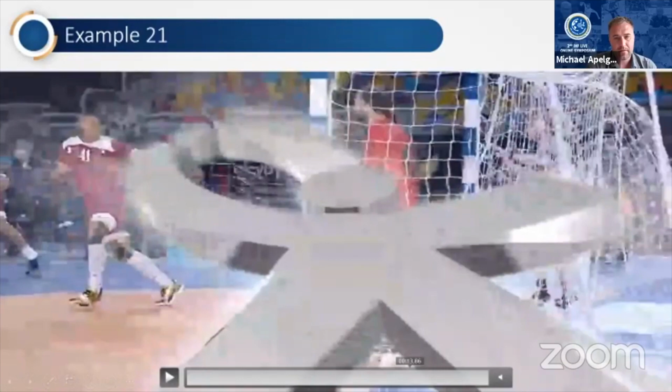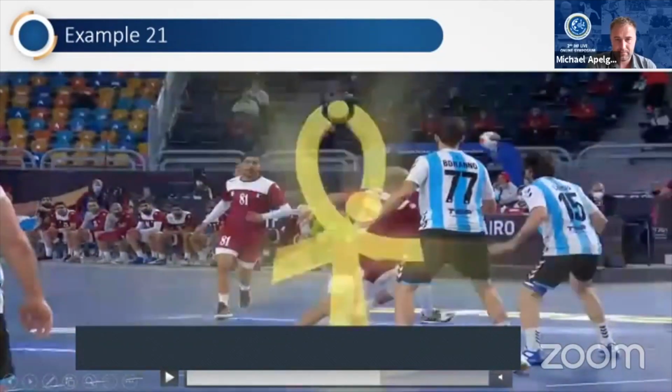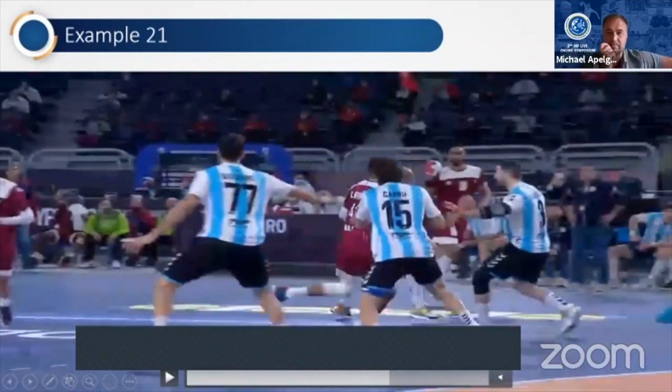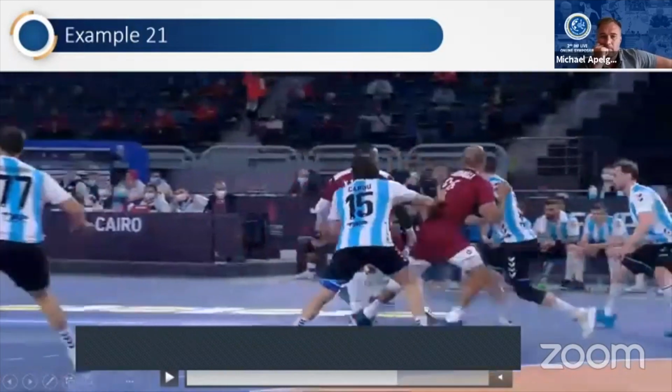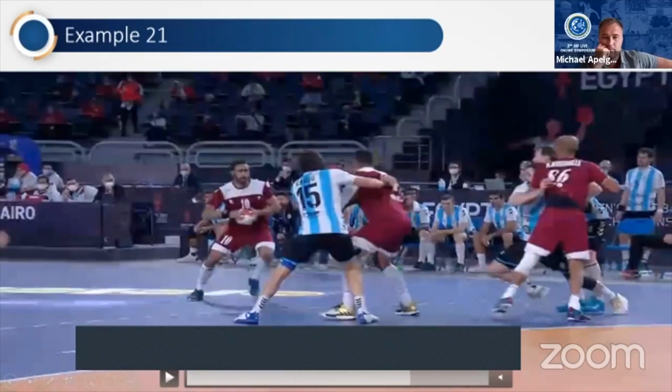And here you see it very clearly. The attacker who has played the ball now starts running, number 86, I think, into the defender number 3. Take him away, create space for the shooter, number 10.